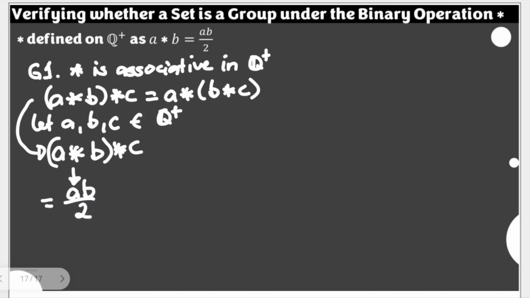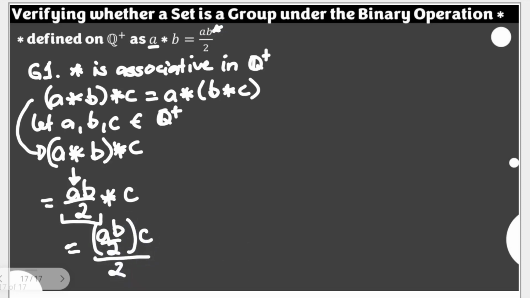But that is still to be subjected to star c, and we are going to treat this as one element. If this would be our a, we'll be multiplying this with b, the second. So you have ab over 2 times c, which will have a denominator of 2 as well.